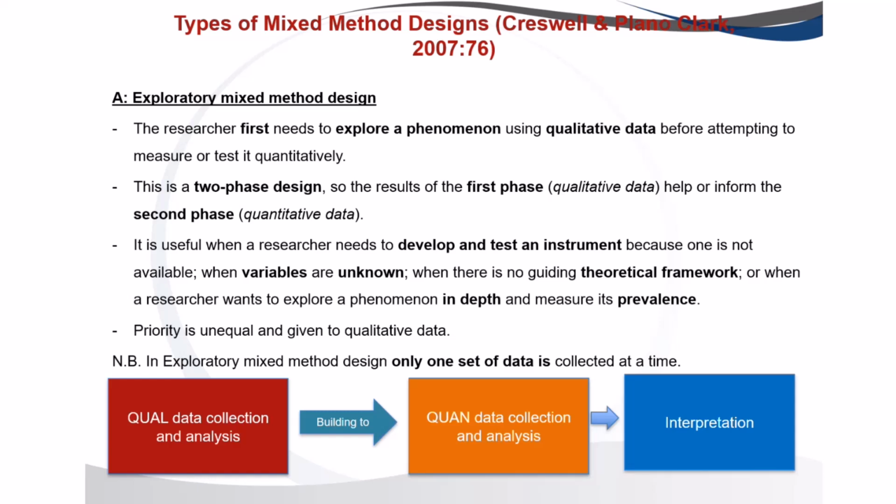In other words, when you develop the second phase, which is the qualitative phase, and design your instrument, you use the results of your first phase, your quantitative results. From that questionnaire which you have developed and analyzed, you build your interview schedule based on that. Then you do your interpretation now.